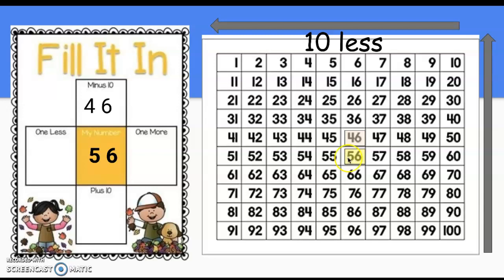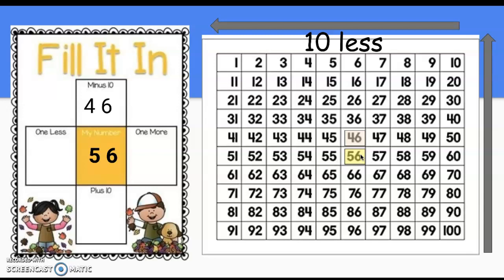Count with me. 1, 2, 3, 4, 5, 6, 7, 8, 9, 10. So 10 less than 56 is 46. I put 46 in the top of my plus sign where it says minus 10. Do you notice anything about these numbers? They're in the same column. Let's think about that as we move forward.